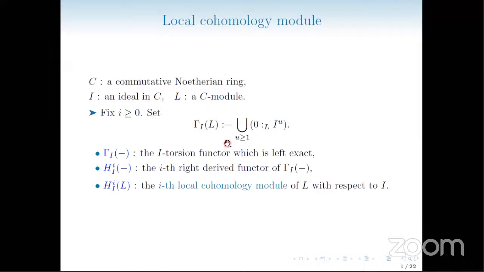So by gamma I of L, I am denoting the collection of all elements in L which are annihilated by some power of I. Gamma I denotes the I-torsion functor. One can check that this is left exact. The ith right derived functor of gamma I will be denoted by H^i_I, and that is referred to as the ith local cohomology functor. So if we apply this functor to L, then we will get the ith local cohomology module of L with respect to I.